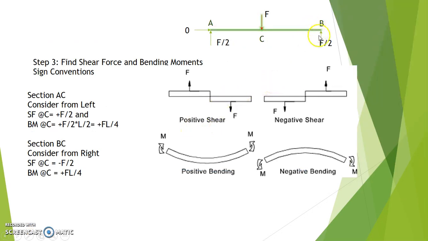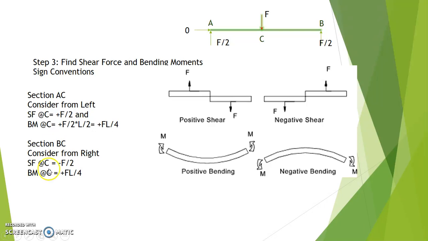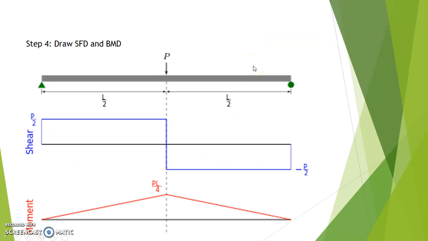The same thing applies for section BC from the right-hand side, which is negative F by 2. Here you can see I have put negative F by 2. Again, this bending moment, which I have considered from the left, gives a positive bending like this. So it is F by 2 multiplied by L by 2, equal to FL by 4.